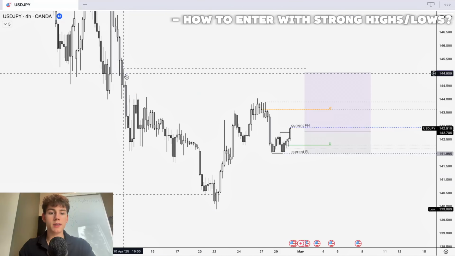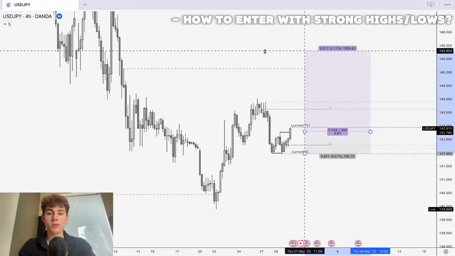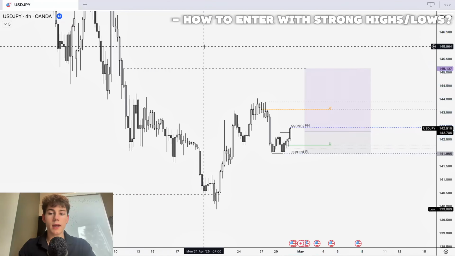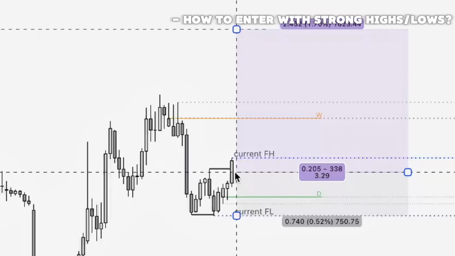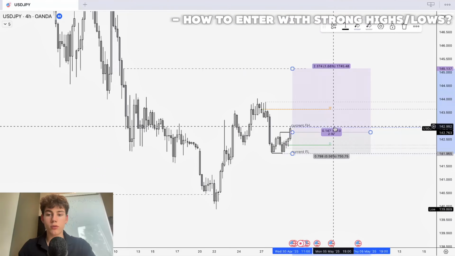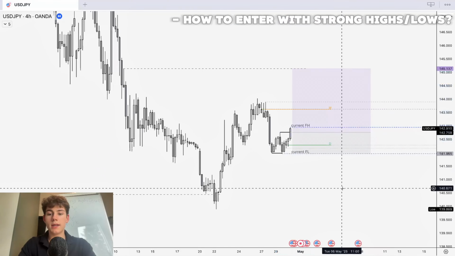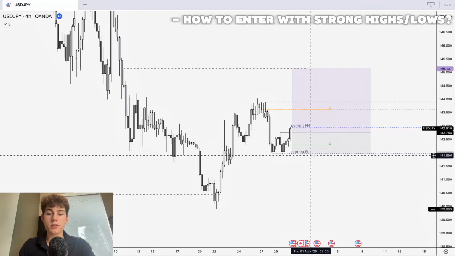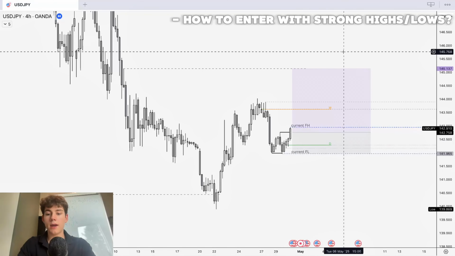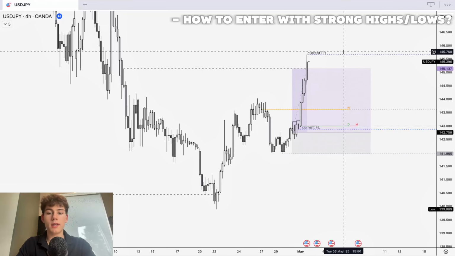So I was expecting this liquidity high to get taken out, so I put my TP on top of that liquidity high, and then what did I do? I placed my entry for a 1 to 3 risk to reward, and I just placed my entry, my stop loss, and my take profit, and I waited for my profits to get in my pocket.